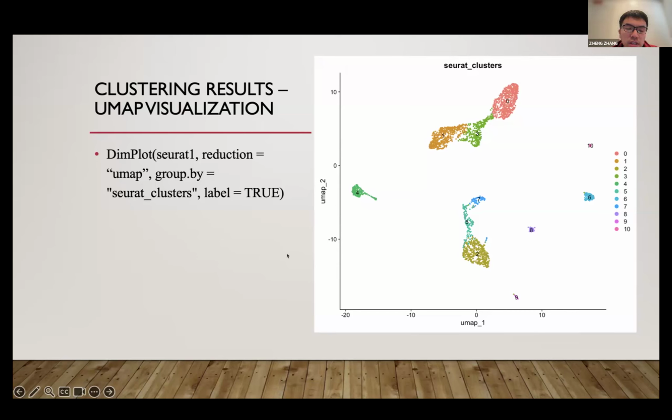That means they may be very rare populations. For closely clustered ones like 2 and 5, they may indicate biologically related cell types, but I will need to check further.